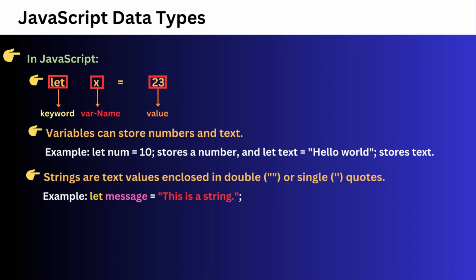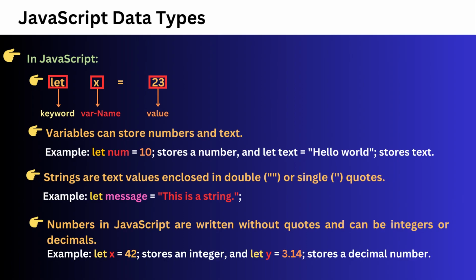Strings in JavaScript are written inside either double quotes or single quotes. They allow you to represent textual information. On the other hand, numbers in JavaScript are written without any quotes. They can be integers or decimals and are used for numerical calculations.